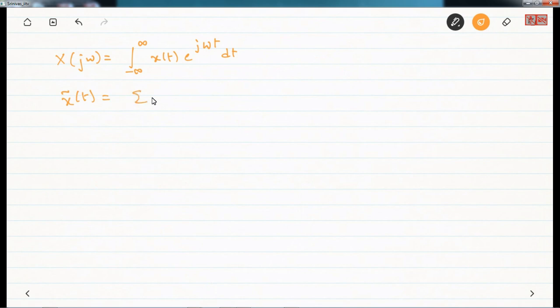See, all this we are doing just to express x tilde of t as a Fourier series expansion, sum of e^(j k omega naught t), k equal to minus infinity to plus infinity.